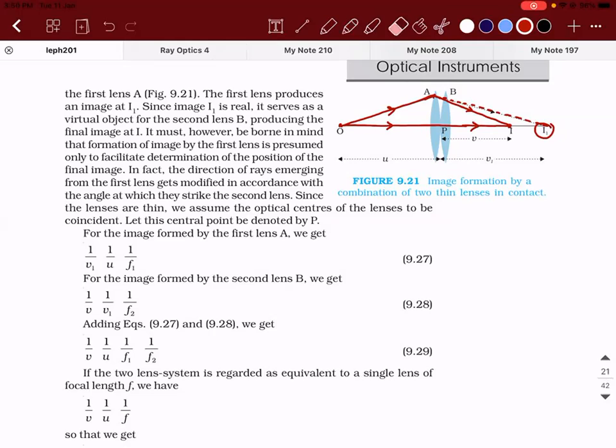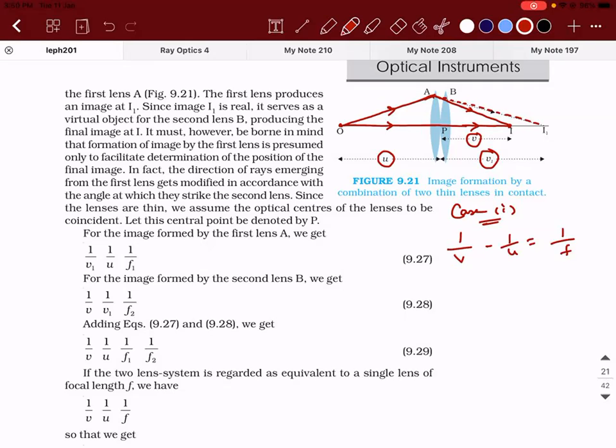Good. So now see, if I take the object distance as u, the image distance from the first lens as v1, and the final image distance from the second lens as v, then in case number 1, due to the first lens, if I apply the lens formula, 1 by v minus 1 by u is equal to 1 by f.